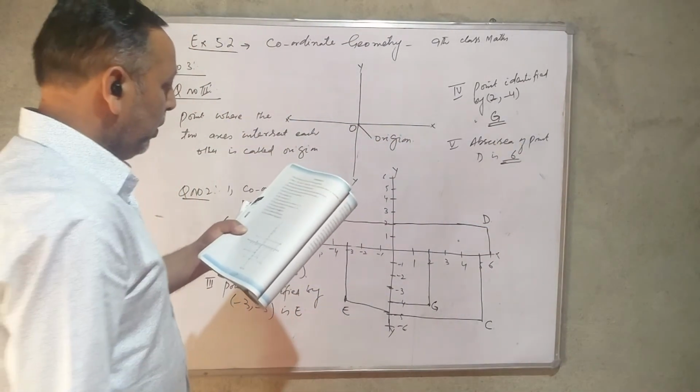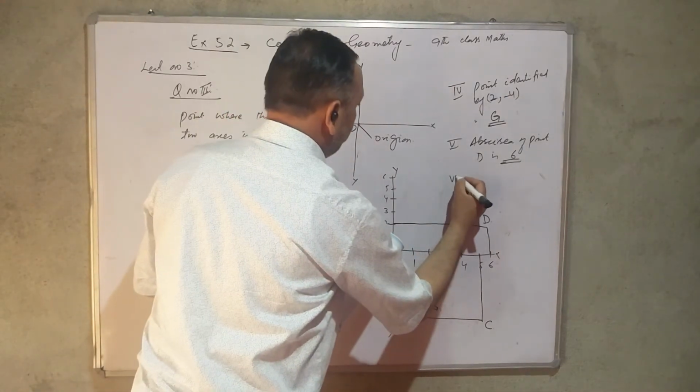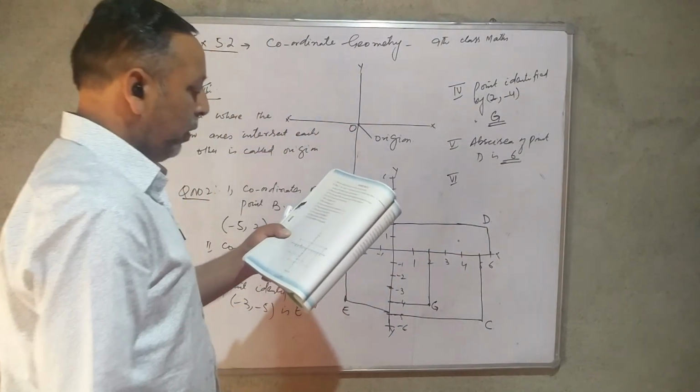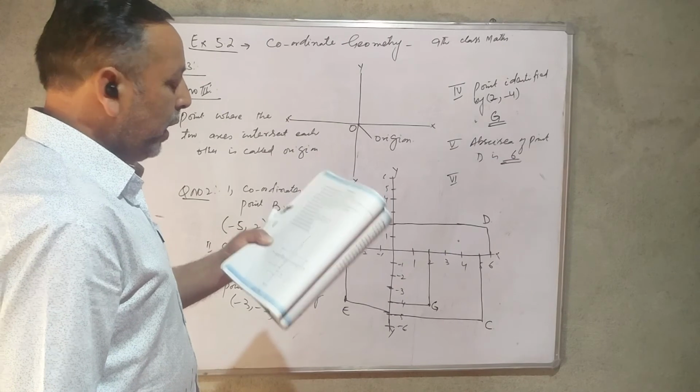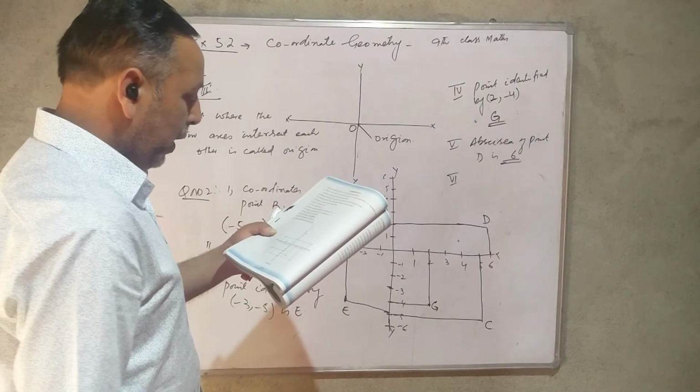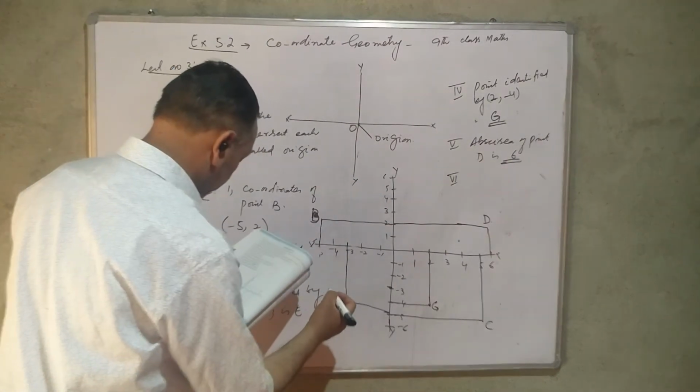Then the sixth part, the ordinate of point H. Point H is here.